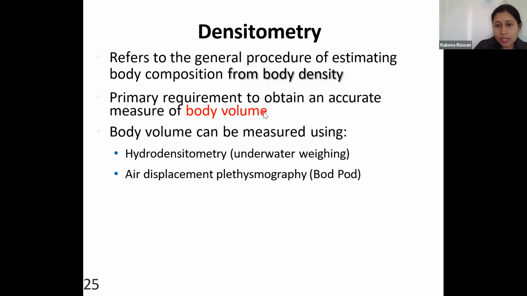When used to measure body volume, it is called hydrodensitometry, that means underwater weighing. If we are measuring in air, the alternative to hydrodensitometry, the hydrostatic weighing procedure, is called air displacement plethysmography, and the machine is called the Bod Pod.